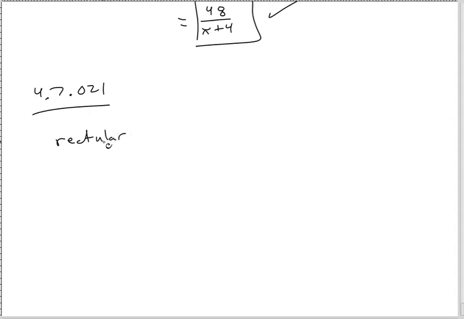So, we have a rectangular container, again, without the lid. The volume is equal to 10 cubic meters.